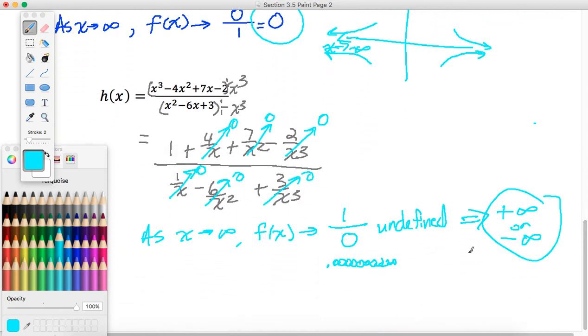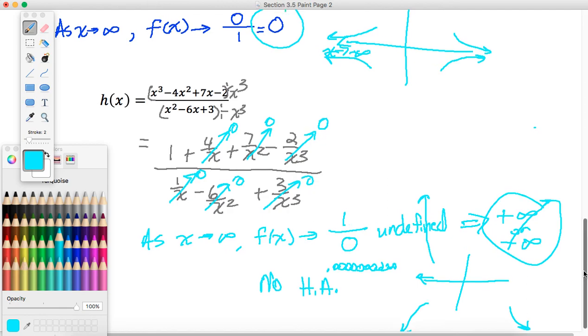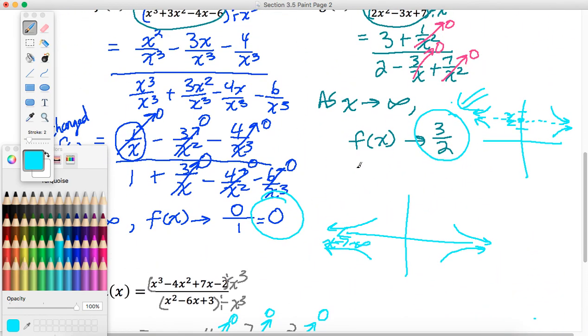And I can have the case where it approaches positive or negative infinity, which is as x goes to the right and my graph is going to positive infinity, so my graph is going to go up here, or if it goes to negative infinity, it's going to go down there, or I'm going to have this situation here or this situation here, right? When this is the case, there is no line that your graph is approaching. There's no horizontal asymptote. All right, but in these two cases, there is a horizontal asymptote, okay? And we'll talk about how to really determine that in the next video.